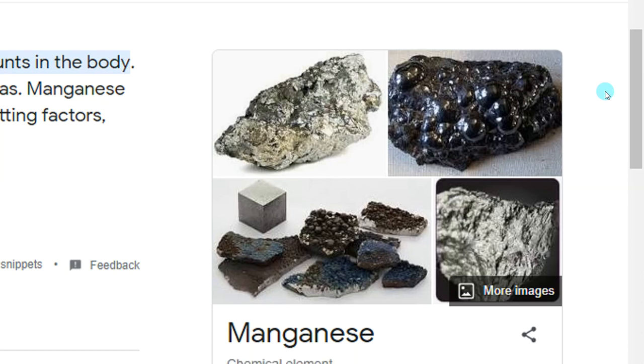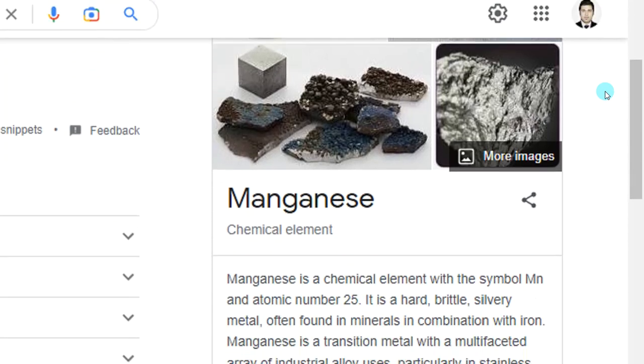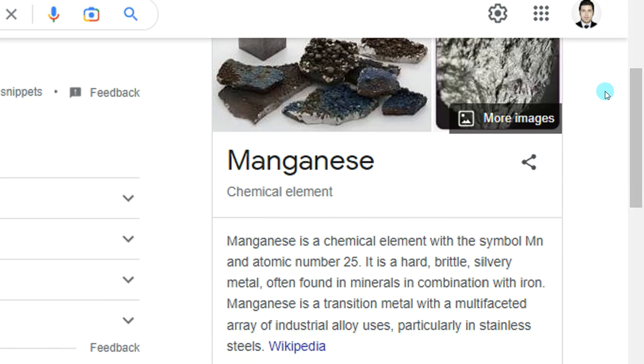So to discuss manganese, manganese is a chemical element with the symbol Mn, atomic number 25. It is hard, brittle, silver metal color, often found in minerals in combination with iron. Its occurrence is with the presence of iron.